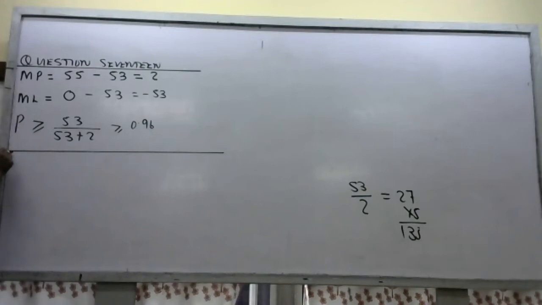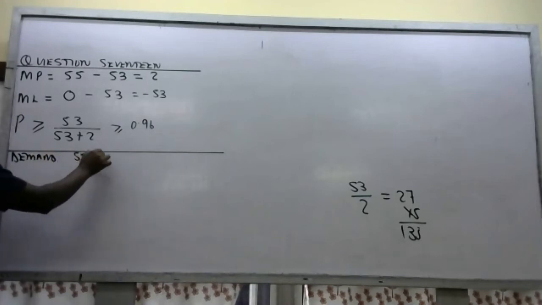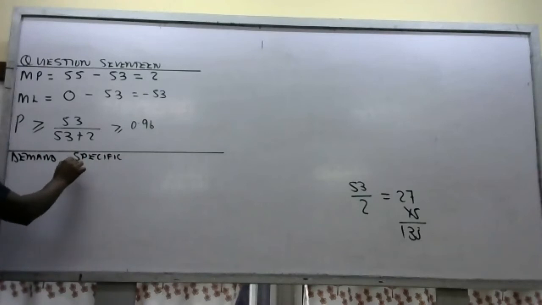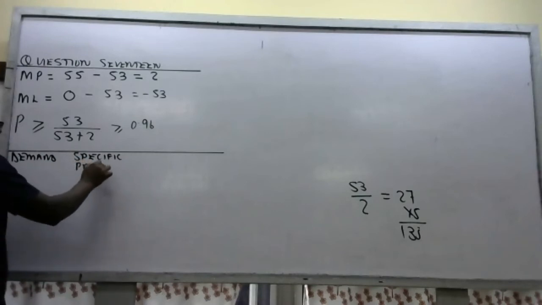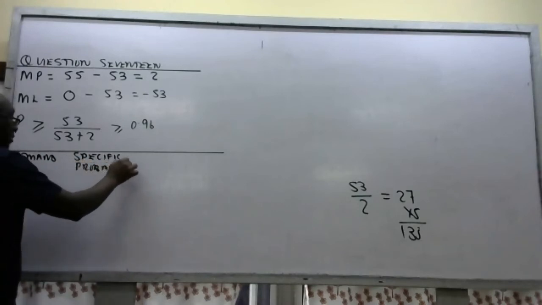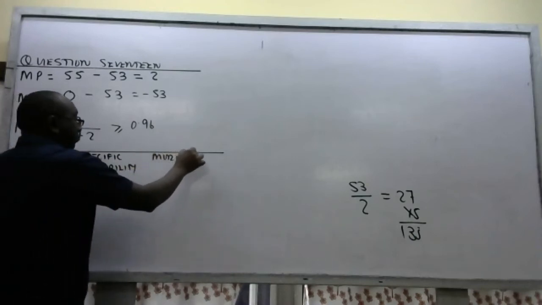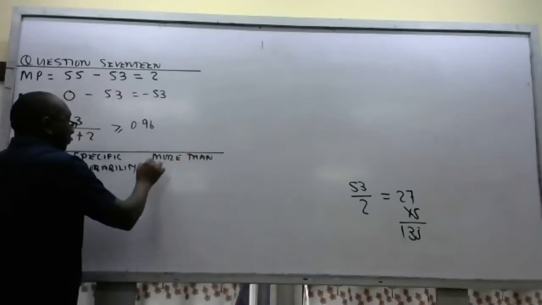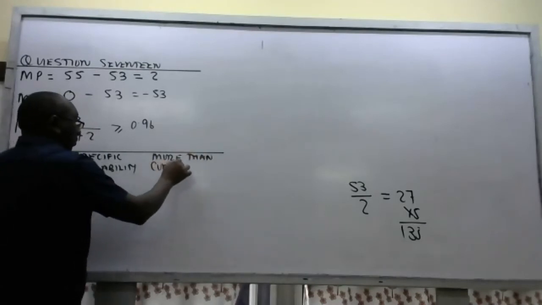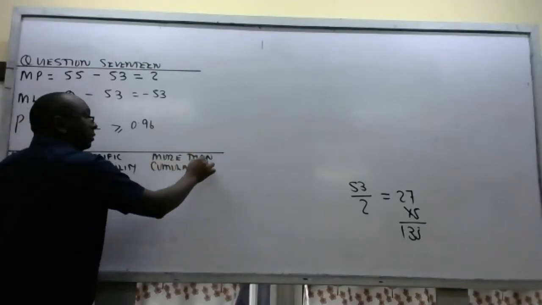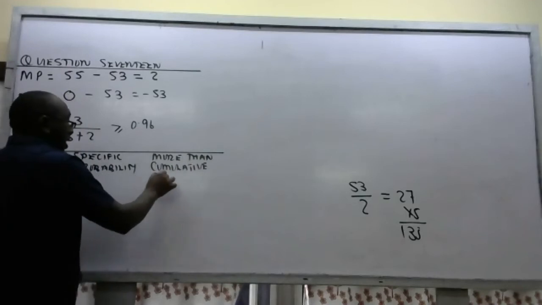Aha. So now here we have demand. Then we have specific probability. Then we have something called more than cumulative probability.